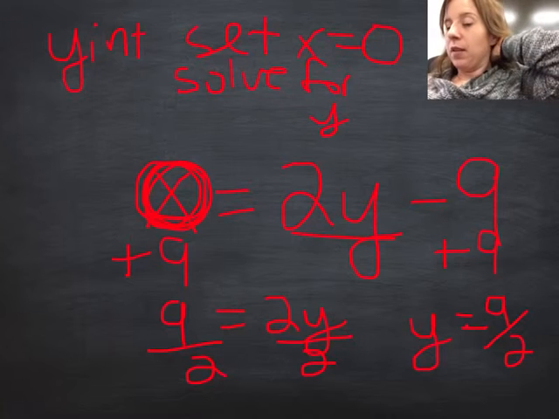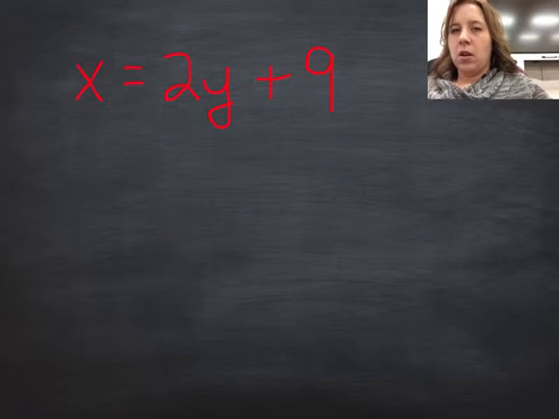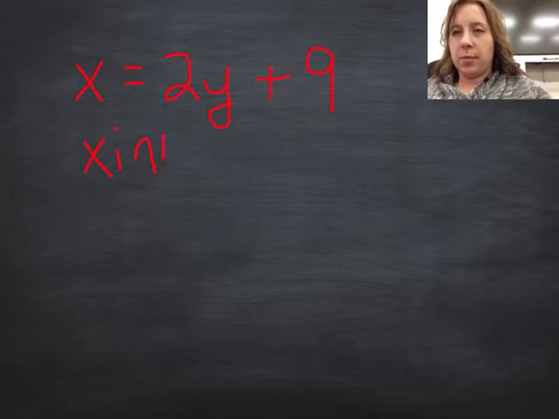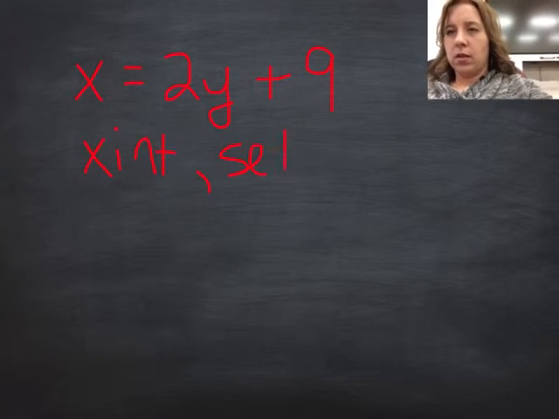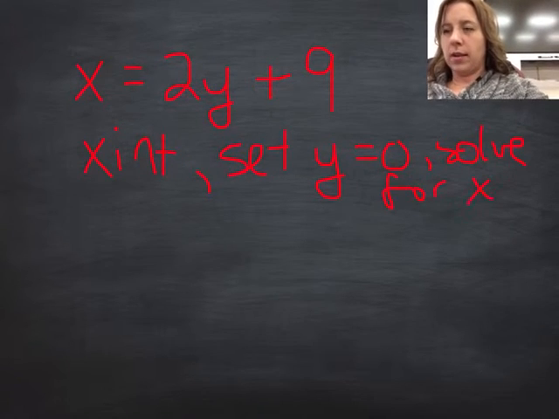I can do the same thing for my x-intercept. Okay, so we just found the y-intercept by setting x equal to 0. We're going to do the same thing for x-intercepts. We're going to set my y equal to 0, and we're going to solve for x.